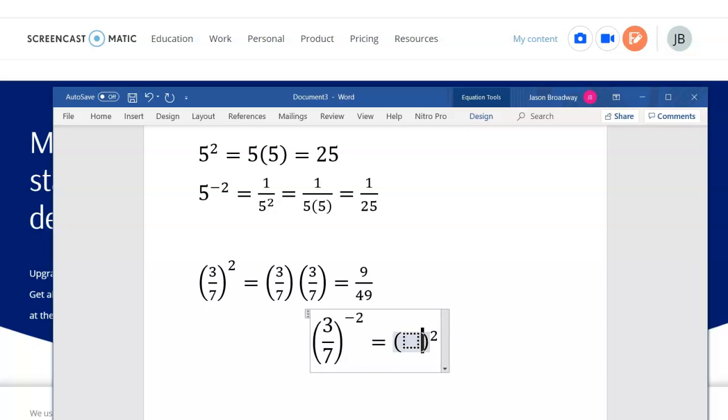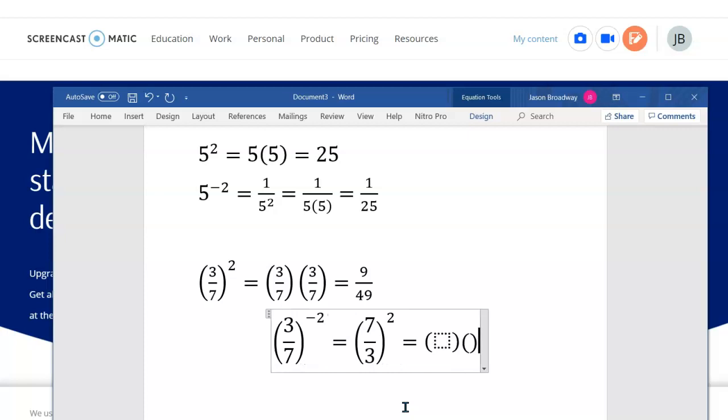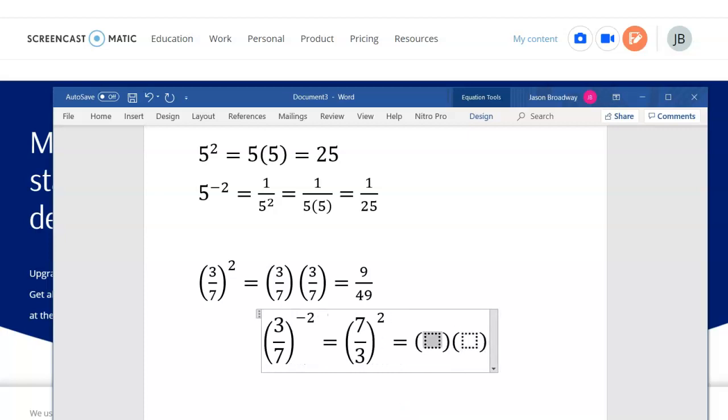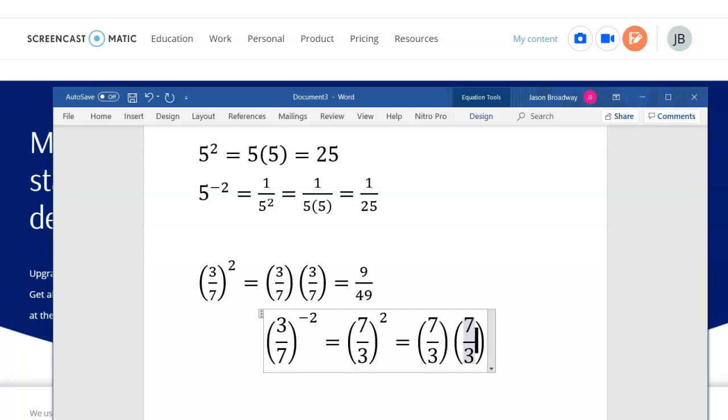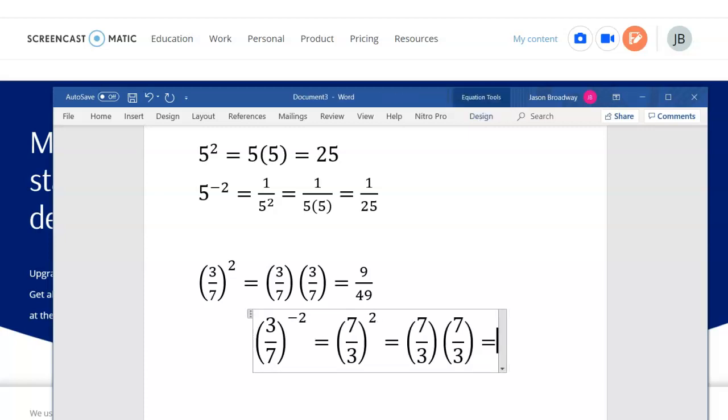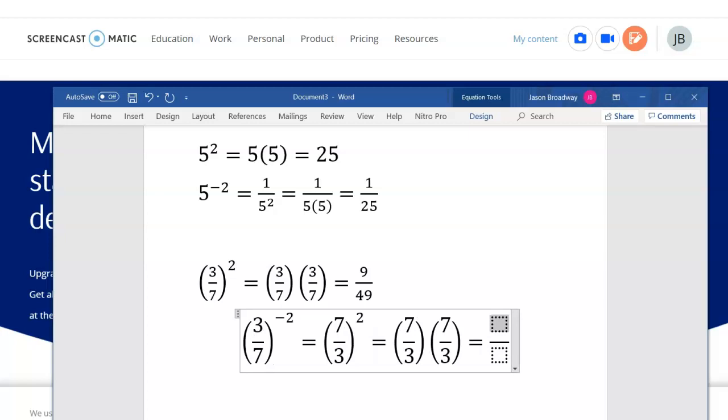So what I need to do is just turn it upside down, the reciprocal. So it's 7/3 to the positive 2. I changed negative 2 to positive 2, and I turned this upside down to 7/3. So that's 7/3 squared, and I multiply 7/3 by itself twice. 7 times 7 is 49, 3 times 3 is 9.